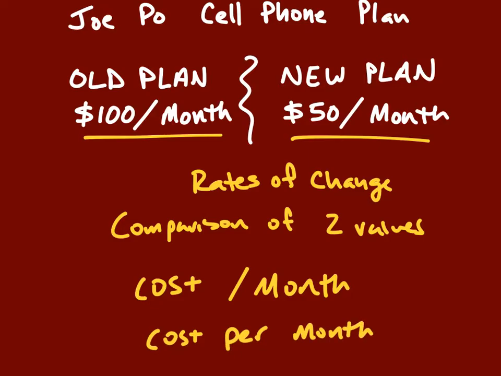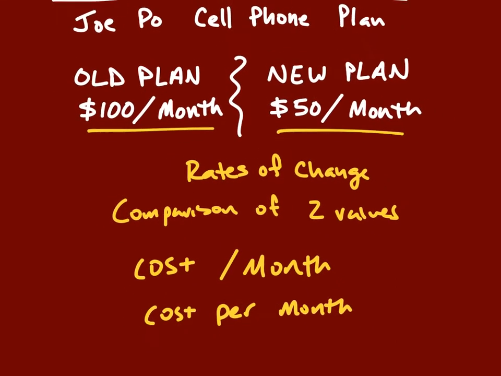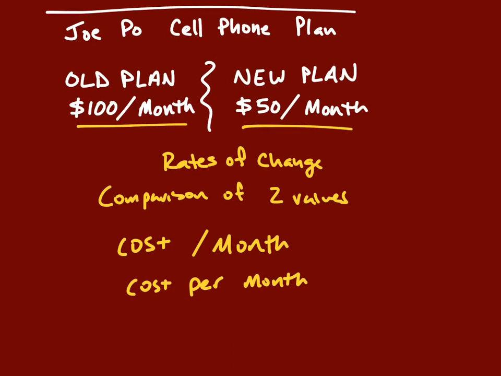Now, what I want to talk about is identifying what my x value is and what my y value is. One way you can always do this is that when you're talking about rates, your first number is your y value, and the second thing is your x value.